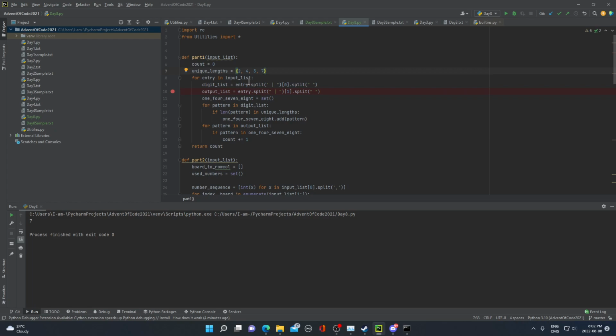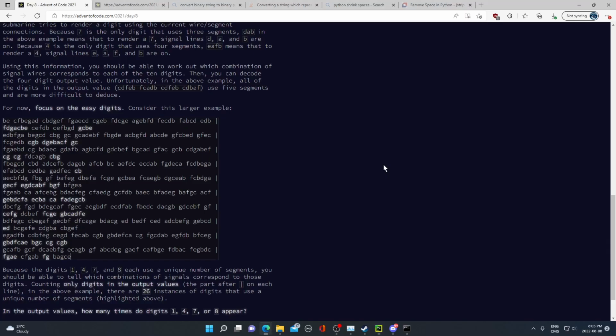We don't have to store all this into a set. You can actually just look at the output because it will be the same as the input, only with a different combination possibly.